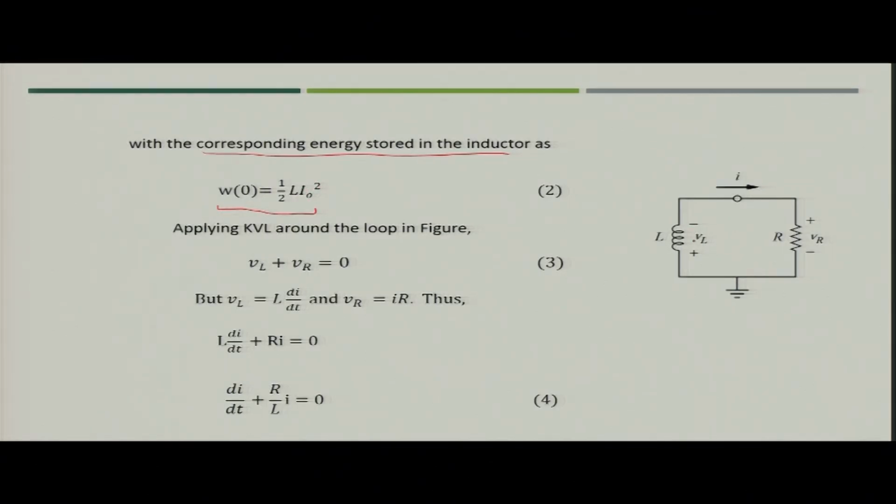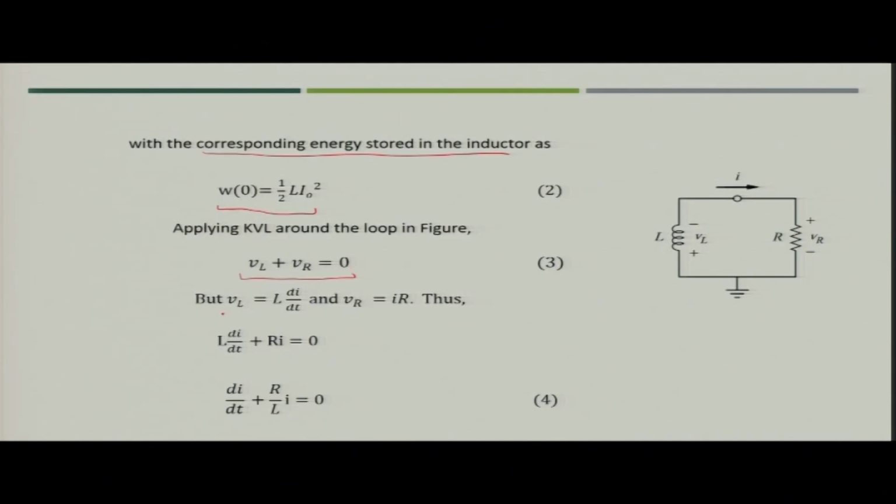Now, if you apply KVL around this loop, we have considered the polarity for the inductor as plus at the bottom and minus at the top. In that case, the sum of the total voltages in a loop would be 0. That means VL plus VR equals 0.